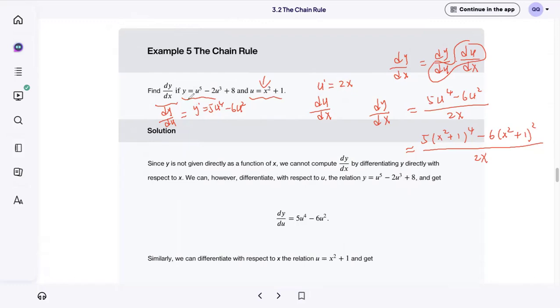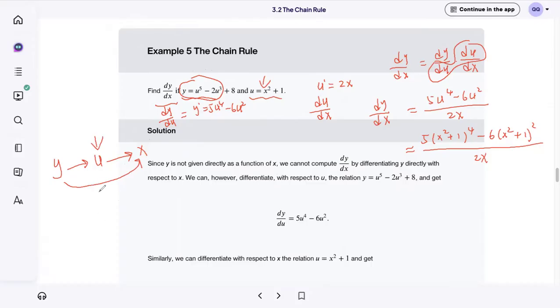So this is saying I have y defined as a function of u. Think about y goes to u, now u goes to x. So I want to skip u and just find a relationship between y and x. So no more u.